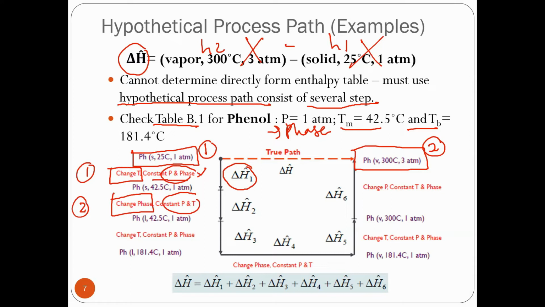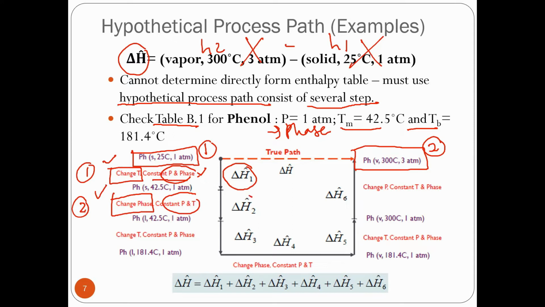Okay, remember, we need to change one thing at a time. Okay, this is going to be heating up to the melting point, and then this is going to be the change of phase, solid to liquid, at constant temperature and pressure.